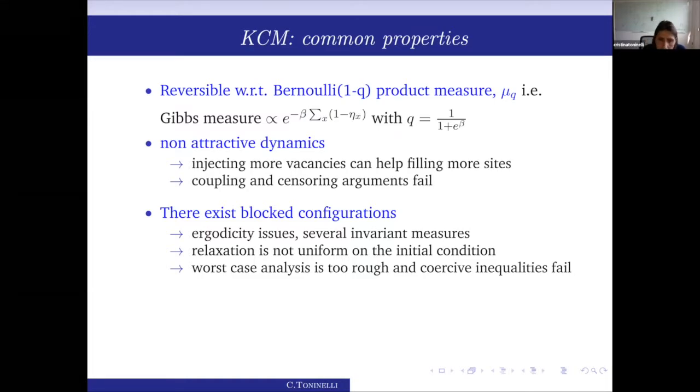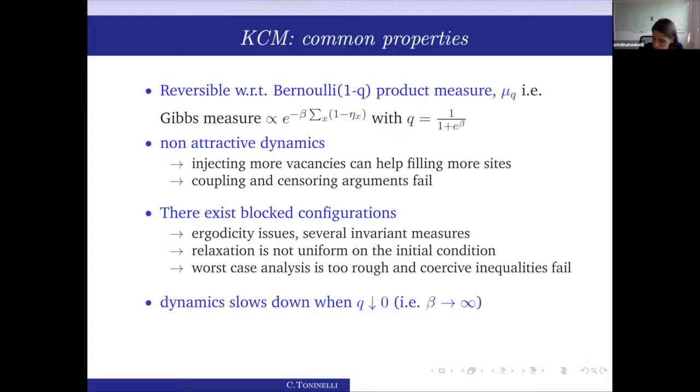For example, for the FA2F model, in which I require at least two empty neighbors, if I have a configuration, say in infinite volume, which has a double row, one after the other, which is completely filled, none of the sites in this double row will ever be able to empty, because each of these sites has at least 3 occupied neighbors all the time because of the doubly infinite occupied bar. So for sure, a configuration which contains this cluster will have this cluster at any later time. So there are also configurations which contain subsets that are blocked, and some ergodicity issues.